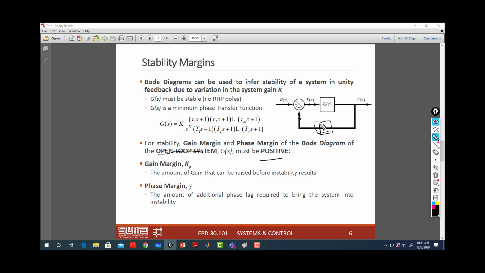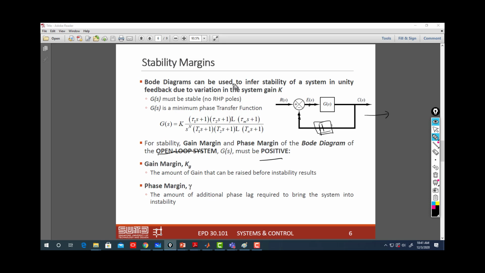So if I'm giving you H, you need to convert it, as we did once in the homework in one exercise, how to convert it to a unity feedback diagram. So if I'm giving you a system like that, please convert it to unity feedback first, and use the resultant of it for stability.